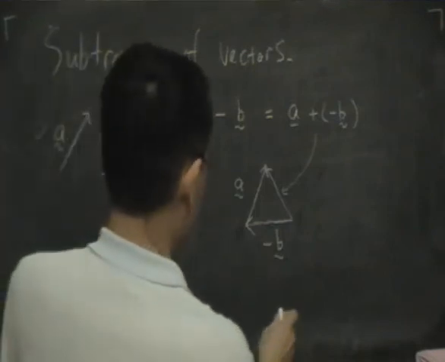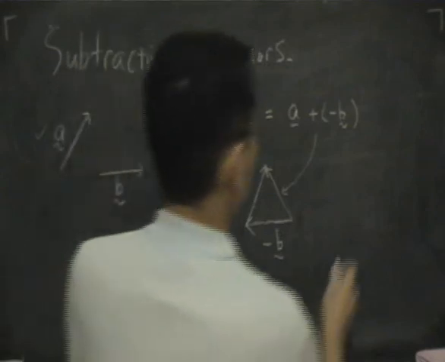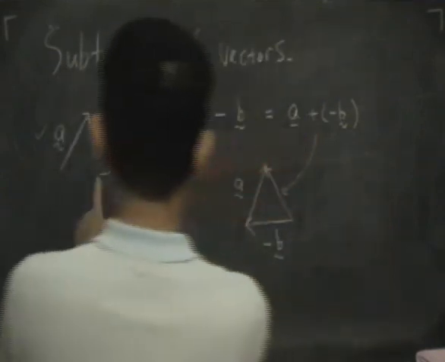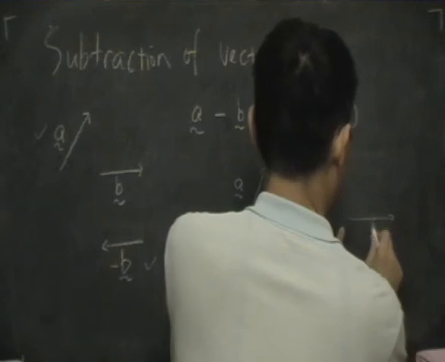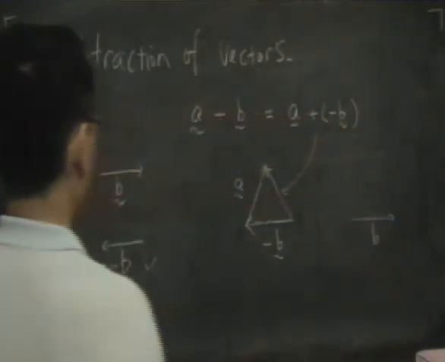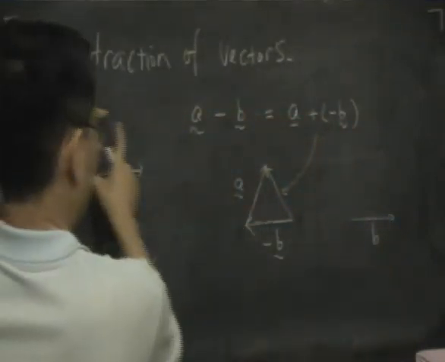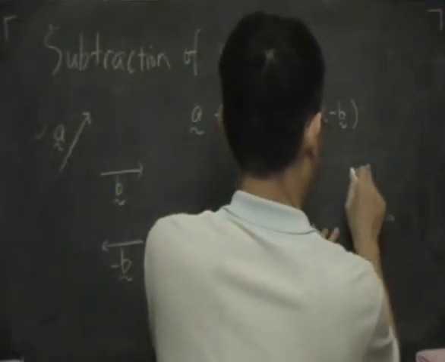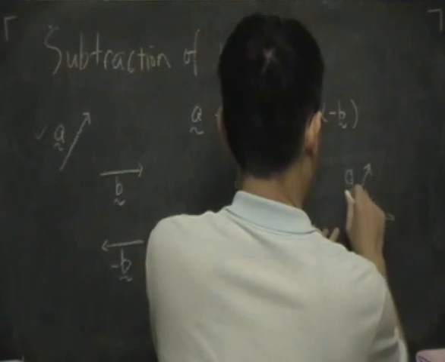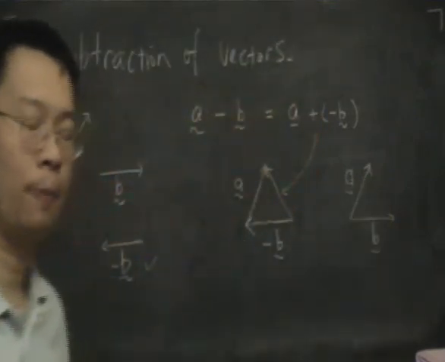touches the tail end of the other vector. So in other words, I'm just going to draw B there, and I'm going to move A here. Just going to draw them end to end.